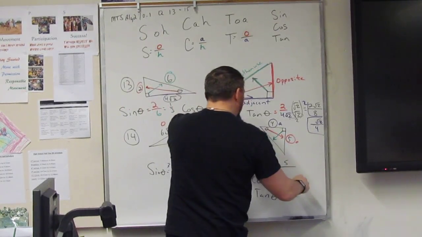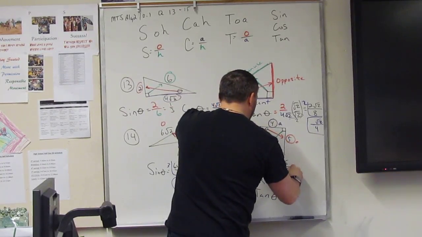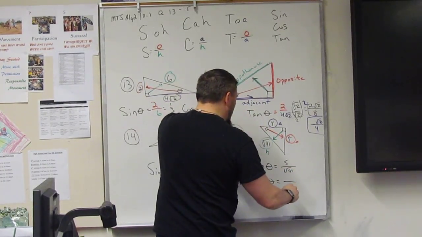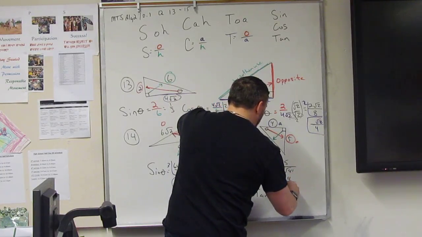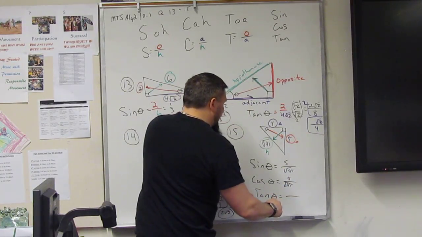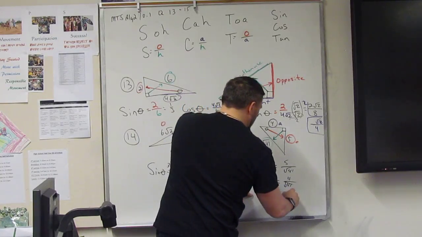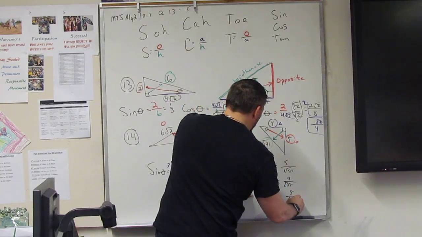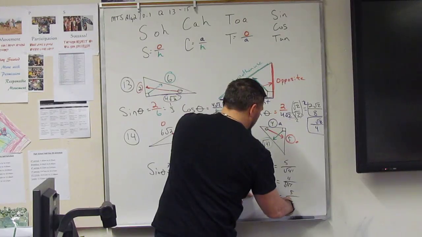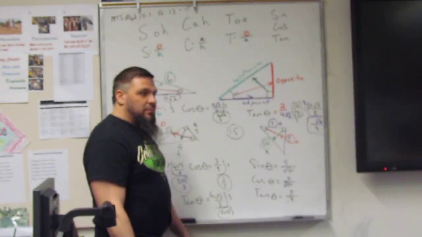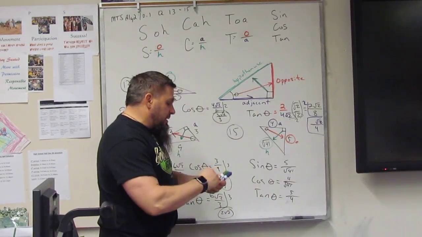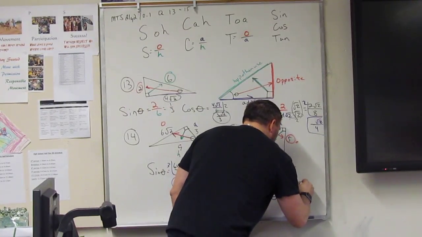And then so O over H, square root of 41, A over H, 4 over 41, and tangent is O over A. This one I got to get rid of the square root.